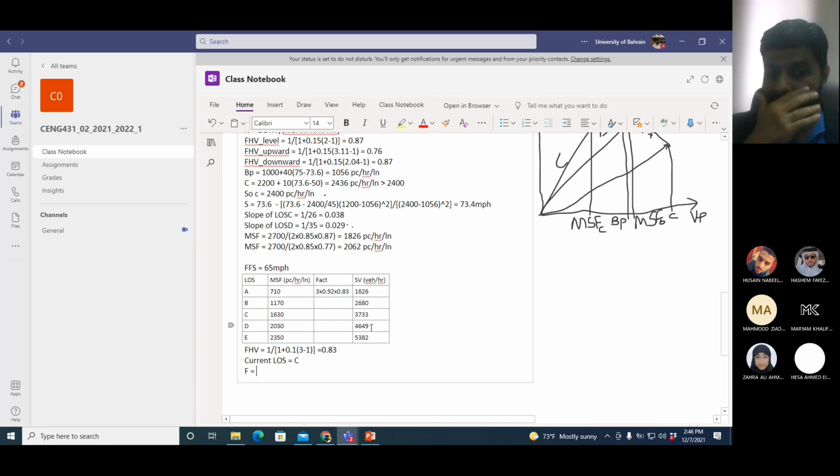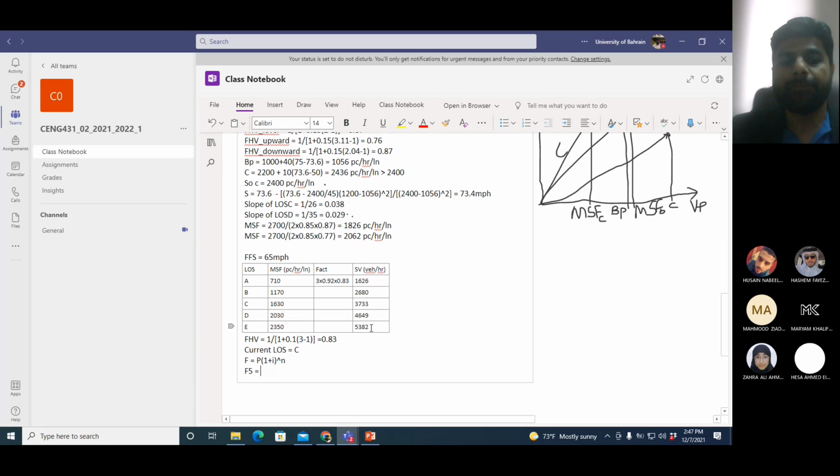The equation for calculating future volume is: you take the present volume times (1 plus i) to the power n, where i is the growth rate and n is the number of years for which you need the value. So for 5 years, it will be the current volume, which is 3600, times (1 plus i), where i is 6% every year, so 0.06, to the power 5, because I'm calculating after 5 years.